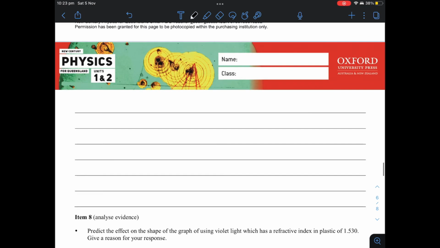Using error analysis, we've got our accepted value, and we've got our measured value. We take the difference between those, take the absolute value, 0.06.